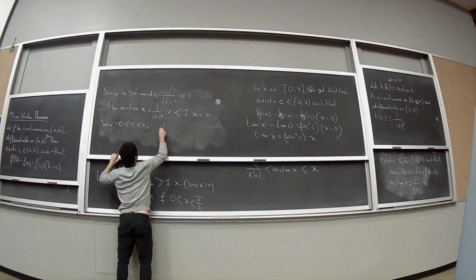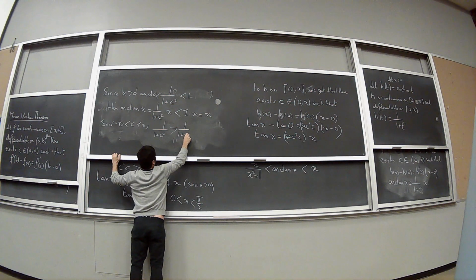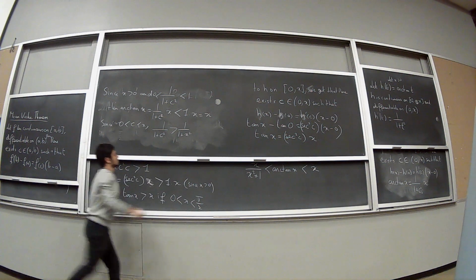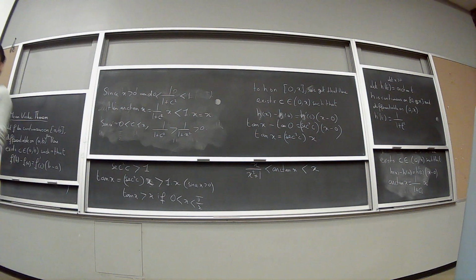I have that 1 over 1 plus c squared is bigger than 1 over 1 plus x squared, which is also positive. Everybody, do you agree with this? So c is between 0 and x, so c squared is less than x squared. So c squared plus 1 is less than x squared plus 1. Both of them are positive. You take the reciprocal, you switch the order.